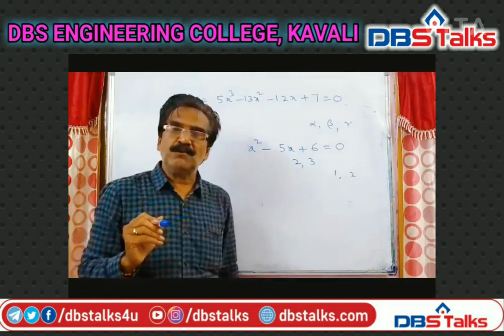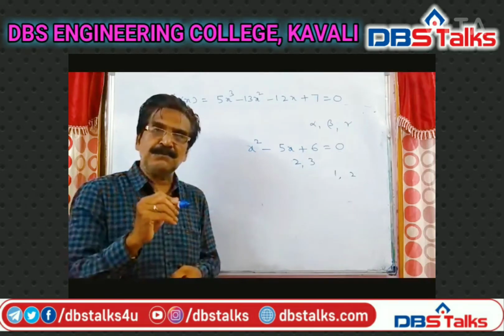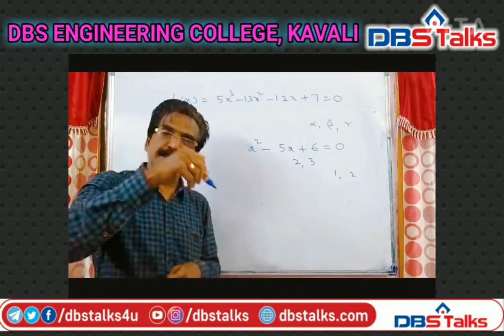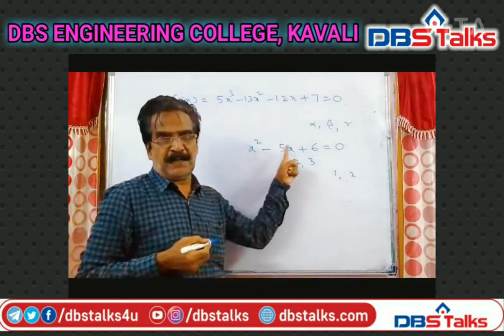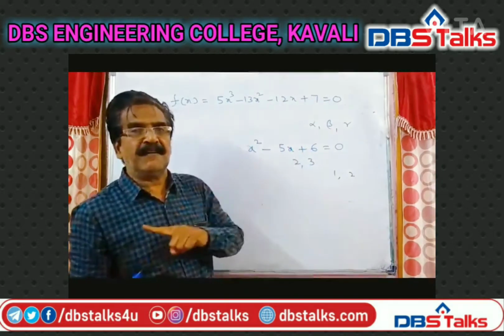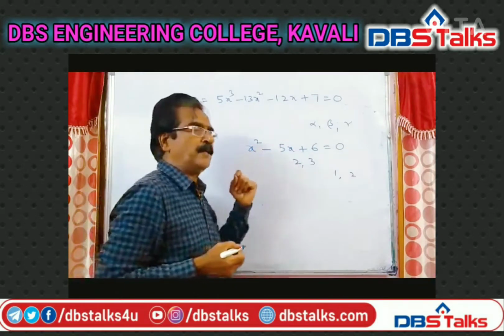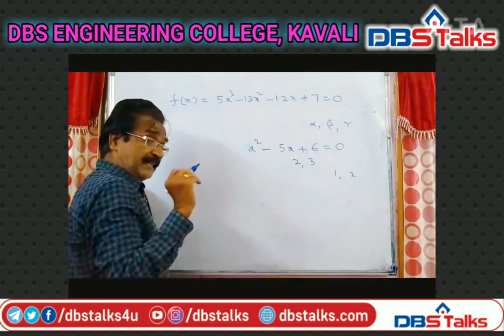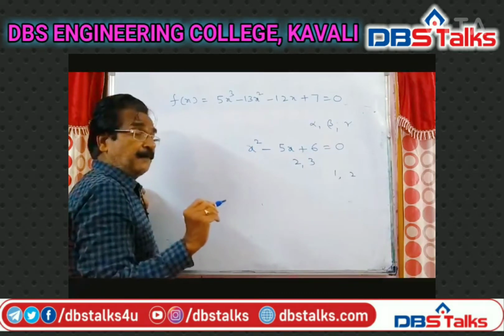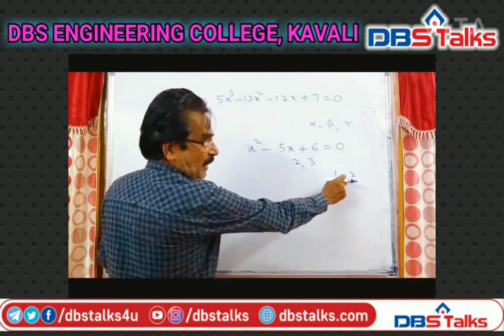So what we have to do? We have to substitute x is equal to x plus 1 in this polynomial. Diminished by 1 means we substitute x is equal to x plus 1. Then we will get the polynomial whose roots are 1, 2.